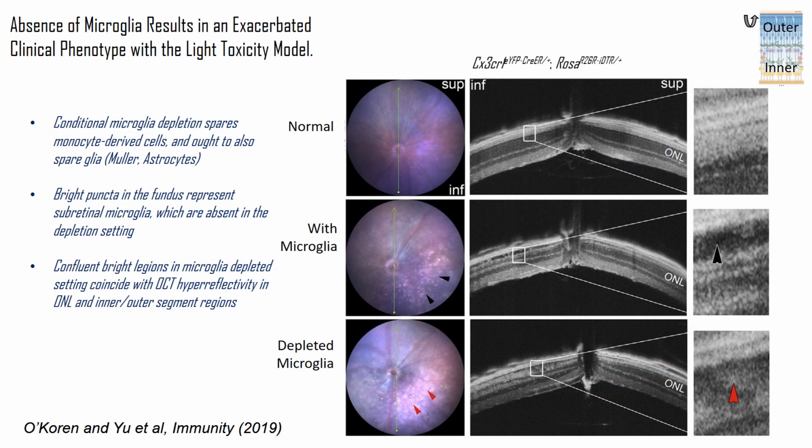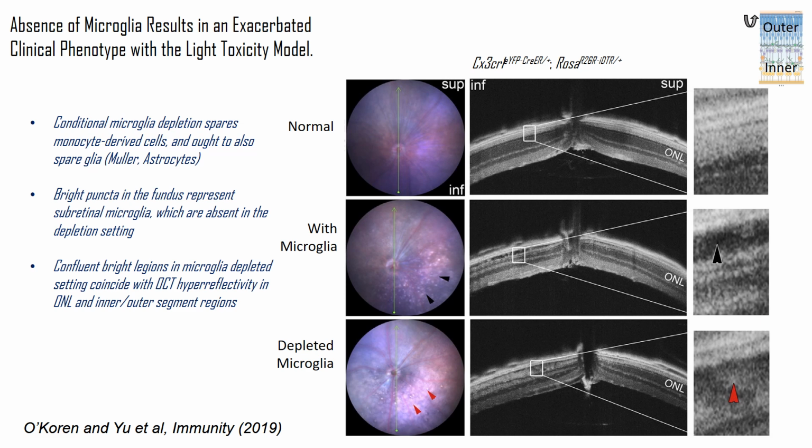To address this question, what we did was to conditionally ablate microglia in the context of light degeneration. And in so doing, we can see clearly distinct phenotypes. Looking at the middle panel, in the presence of microglia, one can see in the fundus bright, distinct puncta suggestive of subretinal microglia, and in the OCT image, a degenerated retina.